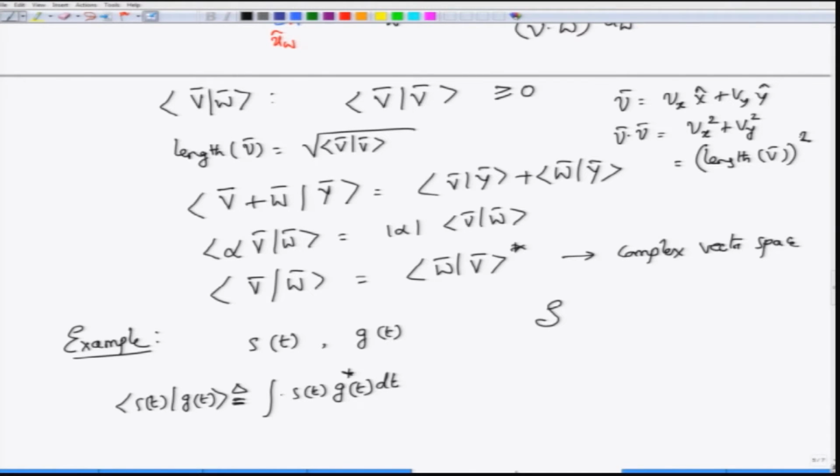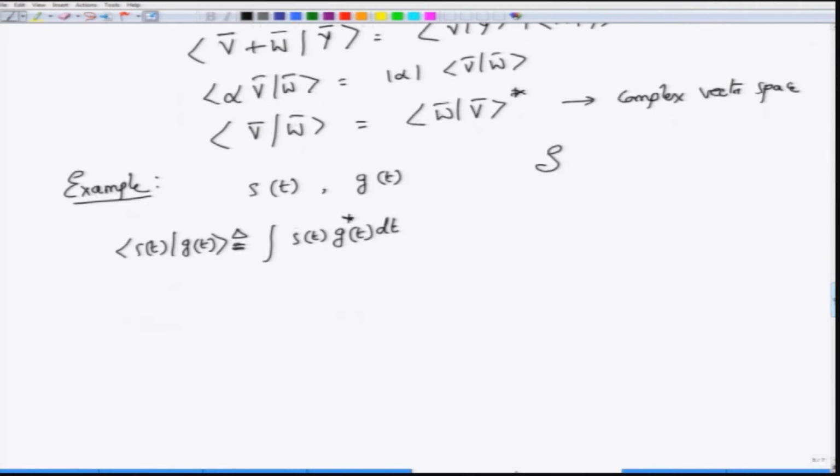If alpha happens to be a real number, then alpha will simply come and multiply s(t). So I can pull alpha out of the integral as long as it is constant, and the entire inner product is simply scaled up. The third, going the reverse way, is if I consider the sum of two signals s(t) plus g(t), and then find the inner product of this sum with another signal, say y(t). It is very straightforward that this equation is also satisfied.